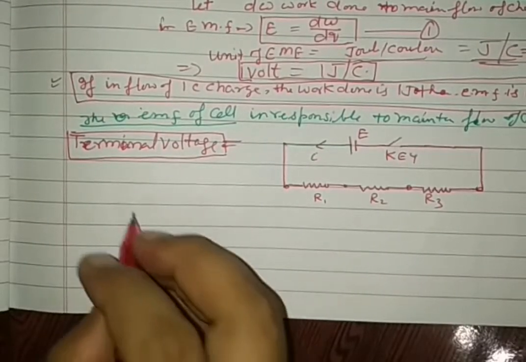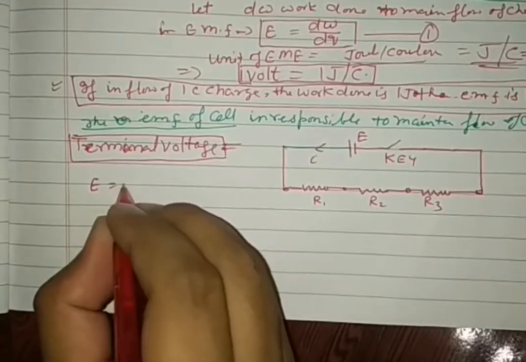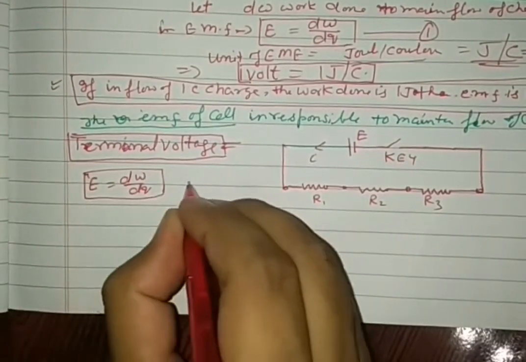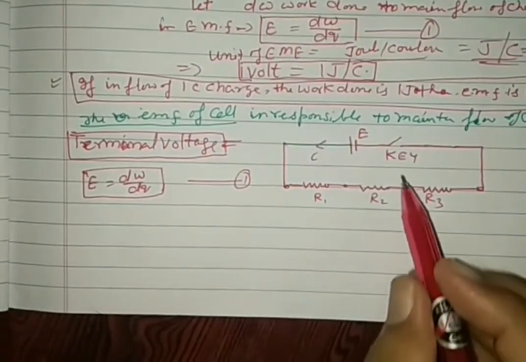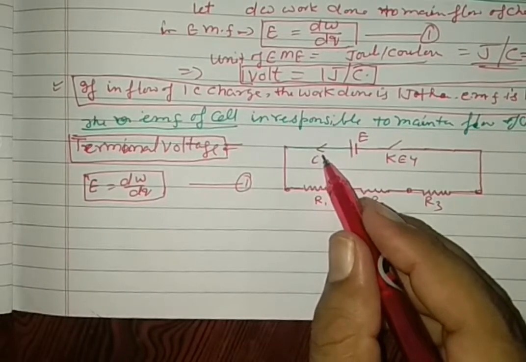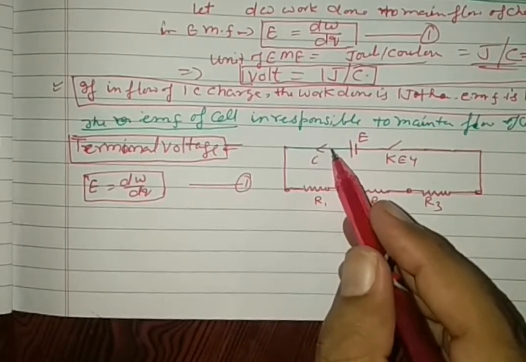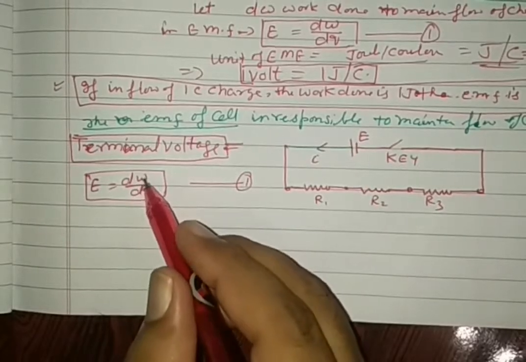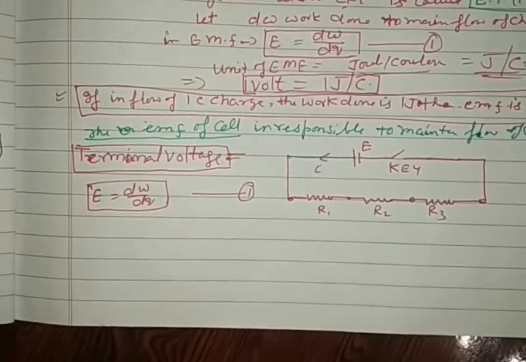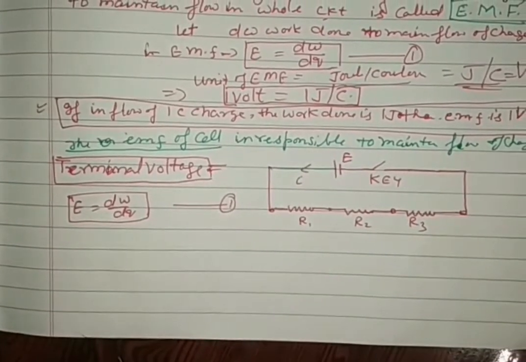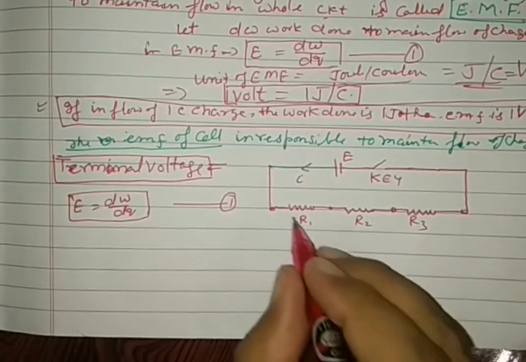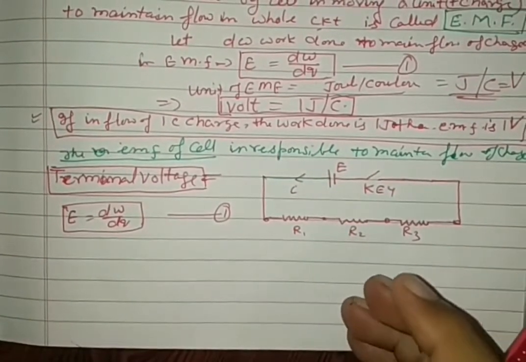Now we know that the EMF of the cell is equal to dW by dQ, as we have seen above in the first equation. If dQ amount of charge flows due to the cell, and for that dW work is required, then work done per unit charge is the EMF of a cell. When this charge flows, it passes through the 3 resistances.